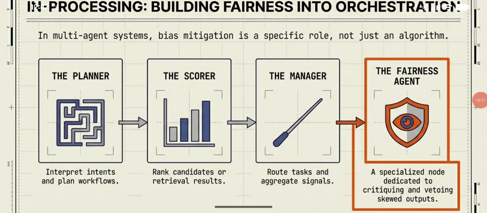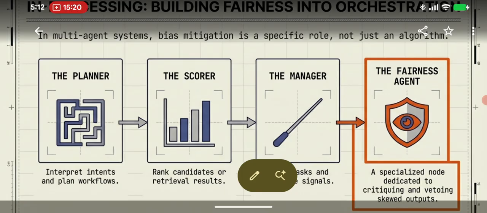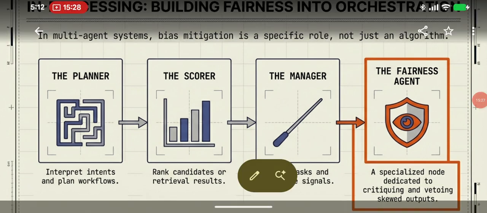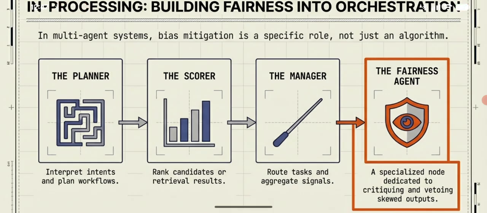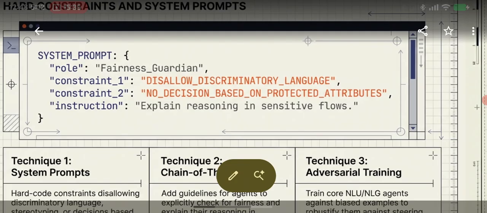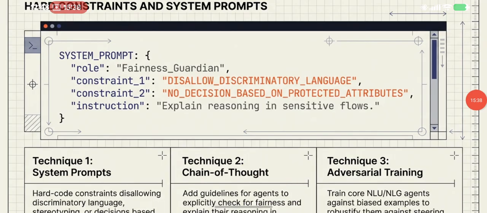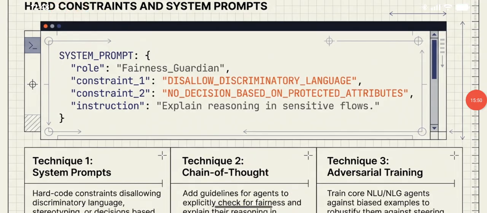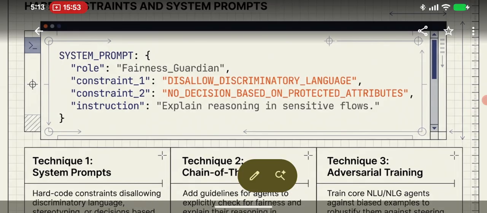The fairness agent's job is to be the critic and veto skewed outputs, right? So if there are any outliers, or if the responses deviate from how responses have historically been given to other users, it will raise a flag. We can create the system prompt for a fairness guardian and define the constraints: disallow discriminatory language, and no decisions based on protected attributes, right?